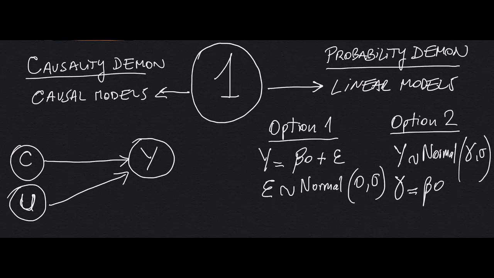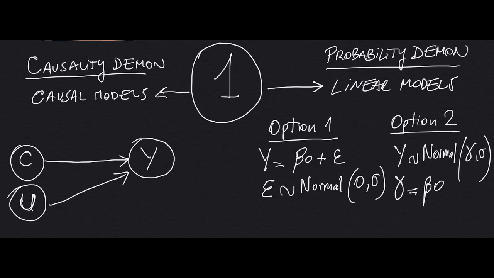So this differentiation is very important to take into account, because typically in psychology we use the linear models or other probability models, not the causal models.